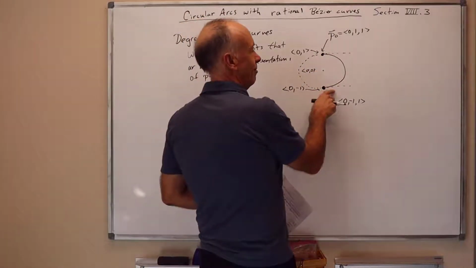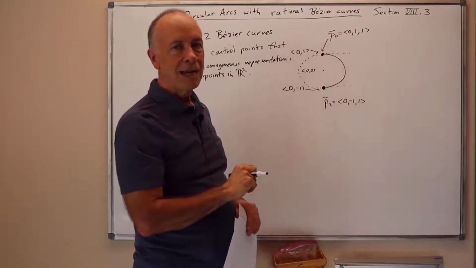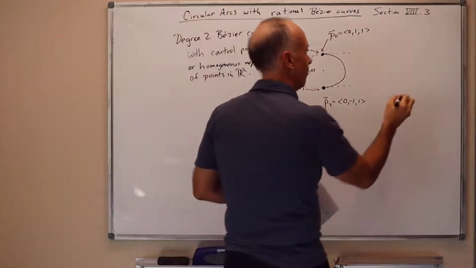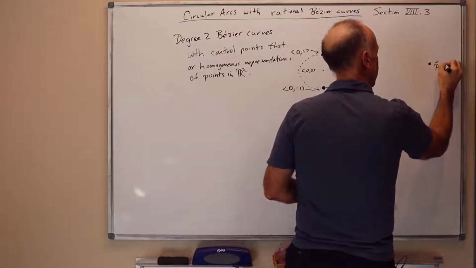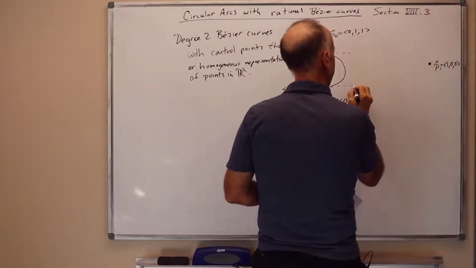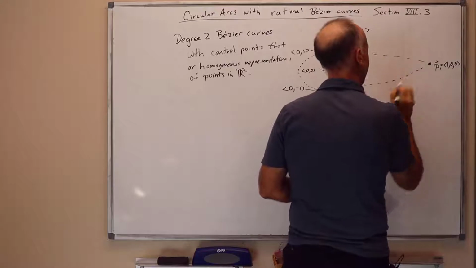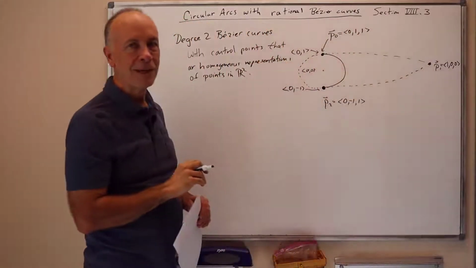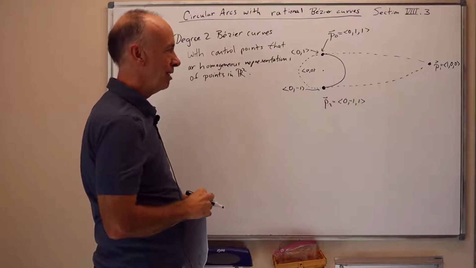Well, these two tangent lines are parallel, so they don't meet anywhere in the plane, but they do meet at a point at infinity. So out here, P1 will be the point 1, 0, 0. I have to draw the lines curved on the board because my board is only finite length, but if it was infinite length, they could go out straight and meet at this point at infinity.